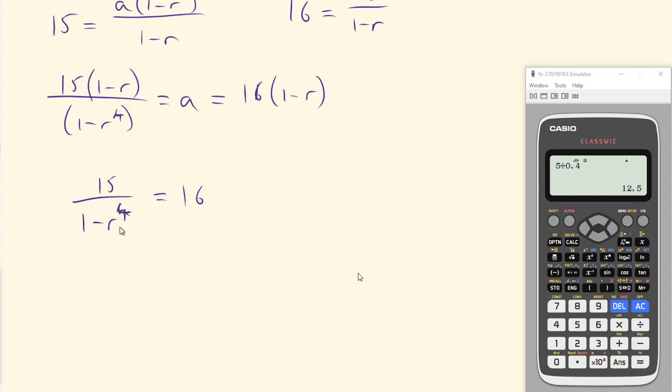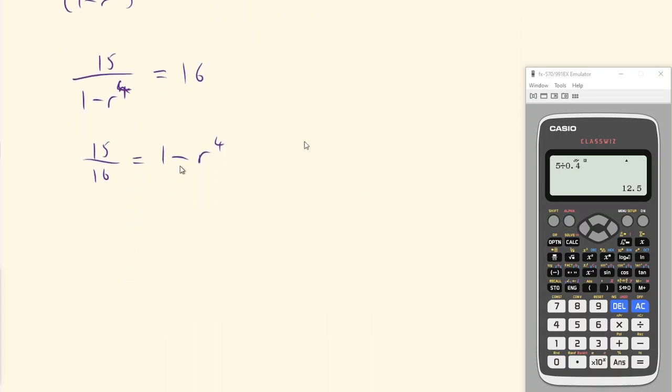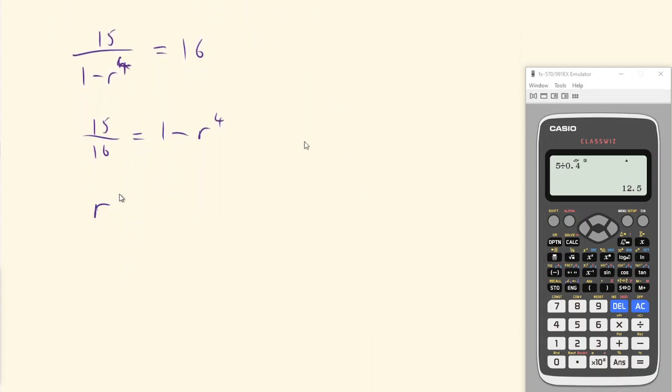A little shifting around is going to give us that 15 over 16 equals 1 minus r to the power 4. And another little bit of shifting around is going to be r to the power 4 is going to be equal to 1 minus 15 over 16, which is 1/16.